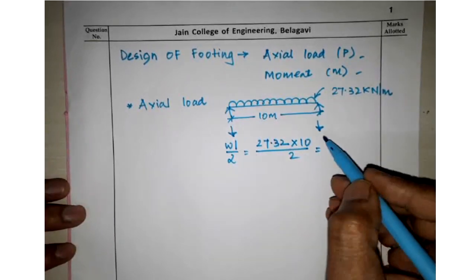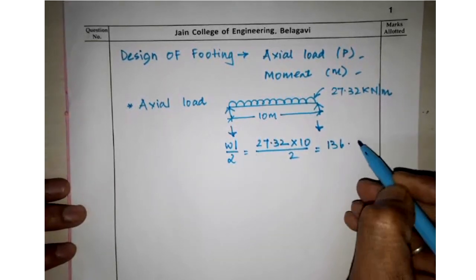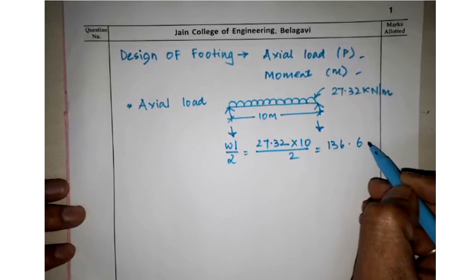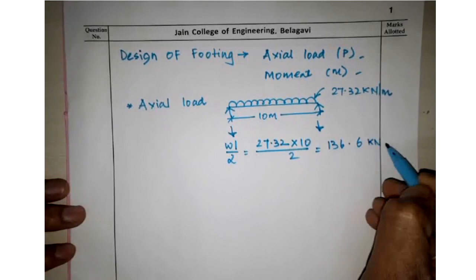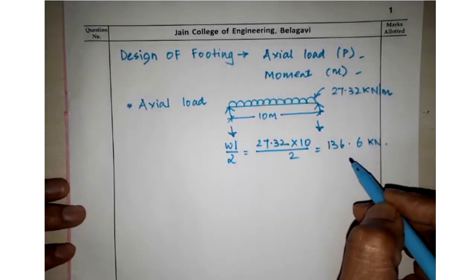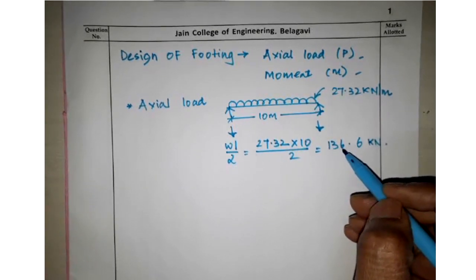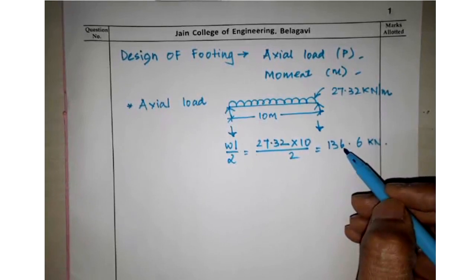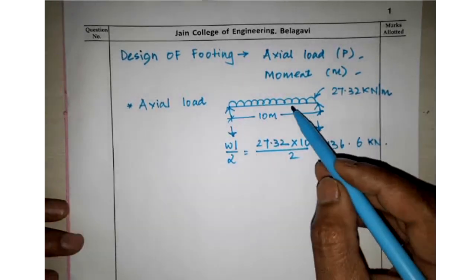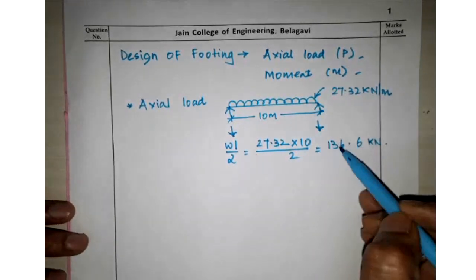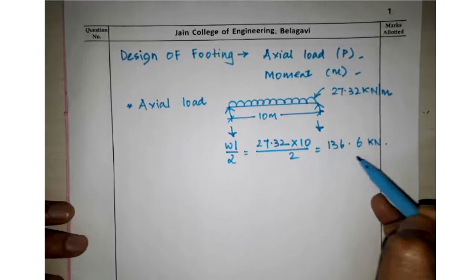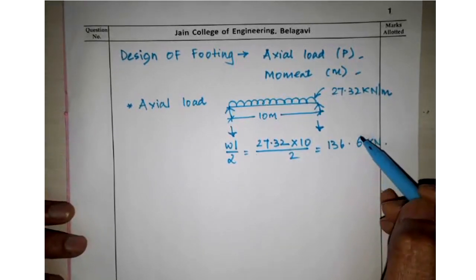So we get the load transferred by the beam over the column as 136.6 kilonewton. This is the load from the slab, that is the live load and dead load of the slab, plus the self weight of the beam.